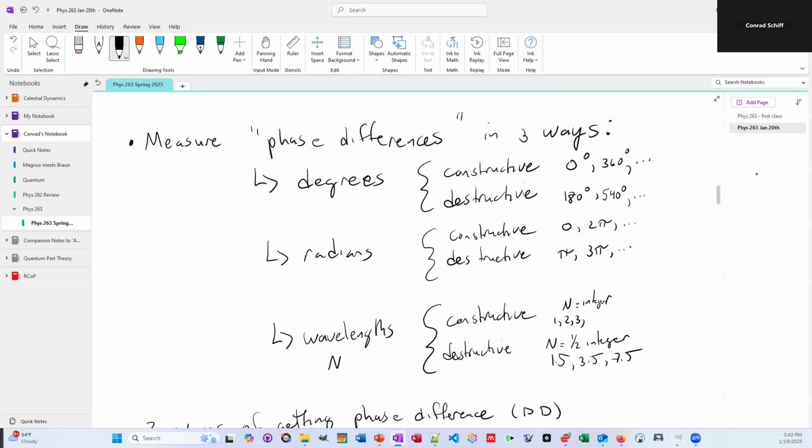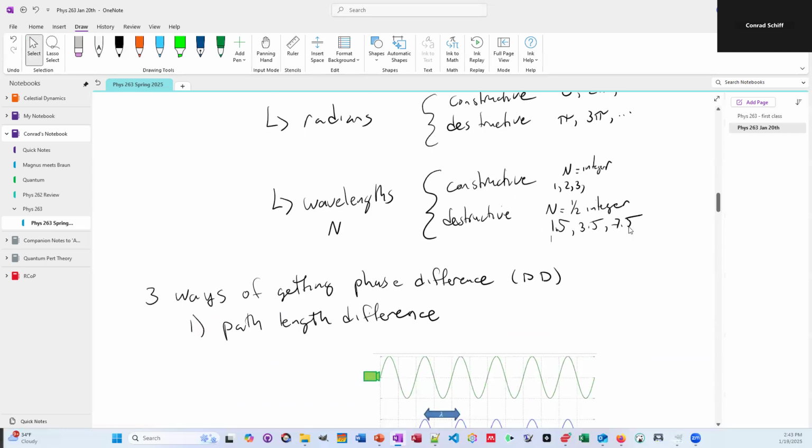And if it's 1 or 2 or 3 or 4 or minus 1 wavelengths, then the waves are constructively interfering. And if they're half integers, they're destructively interfering. So if they differ by 1.5 wavelengths or 3.5 or 13.5, 7.5, minus 2.5, all of these are examples of destructive interference.